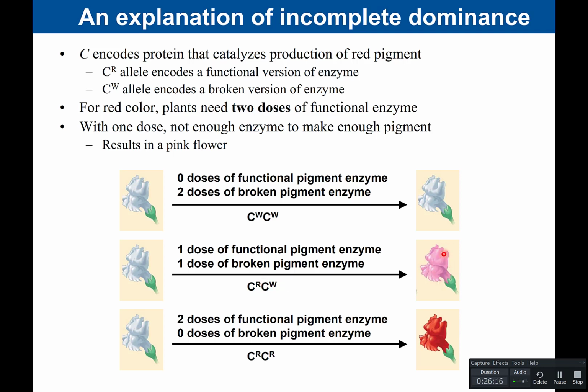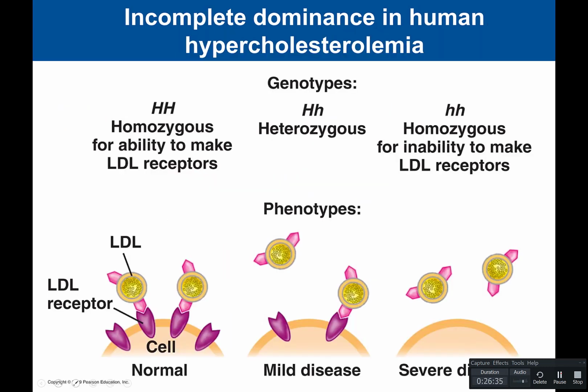So they produce half as much pigment. They're not red, they're not white, they're pink. If we look at CR CR, that is 2 doses of functional enzyme, 0 doses of the broken enzyme, and as a result, it produces enough pigment to be red flowers.